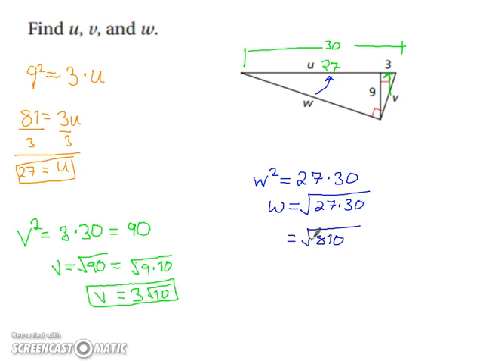So we take the square root of 810, and we know that we can split this into 81 and 10. So 81 times 10 here. And the square root of 81 is 9, so we have 9 square roots of 10. And that is our w.